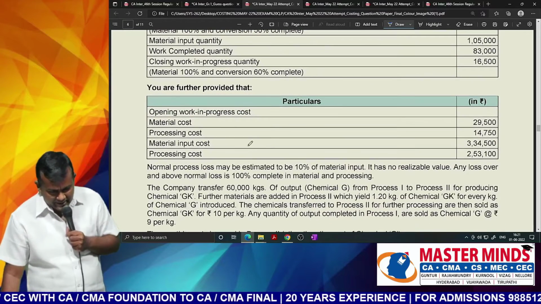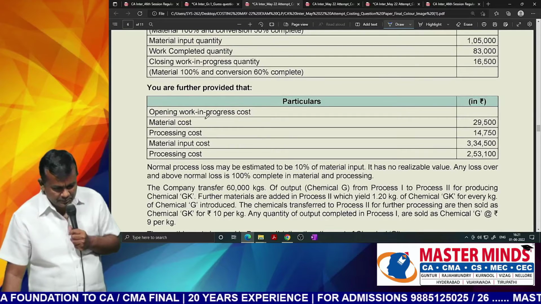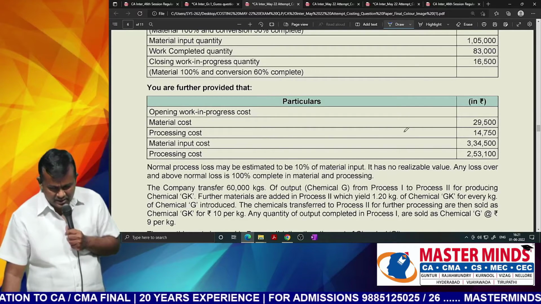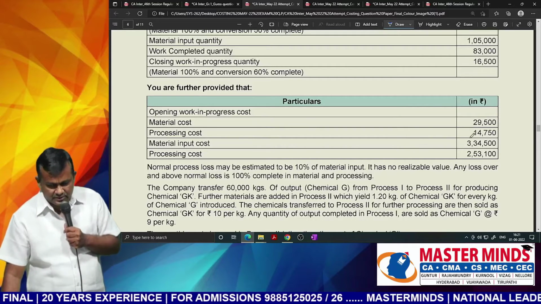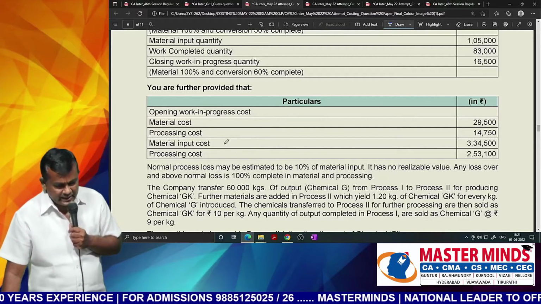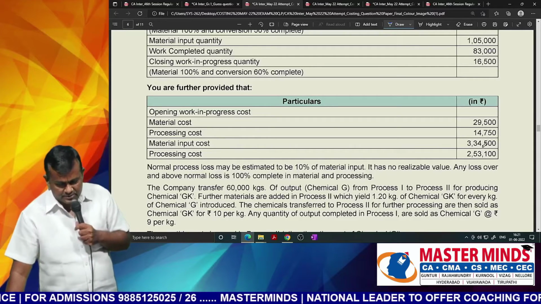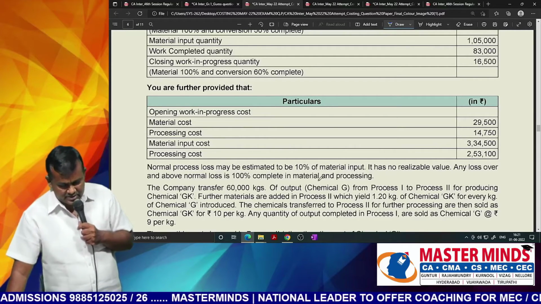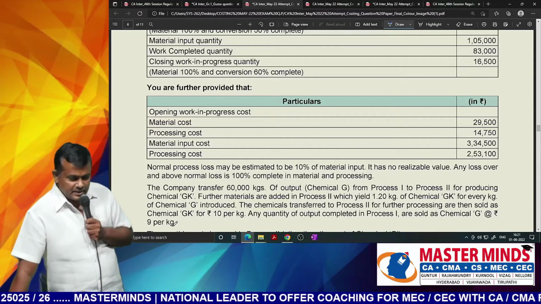So next, you are further provided that opening work in progress cost, material cost 29,500. Processing cost means conversion cost equal to 14,750. Next, current period cost incurred, material input cost 3,34,500, conversion cost equal to 2,53,100. So cost elements are given.